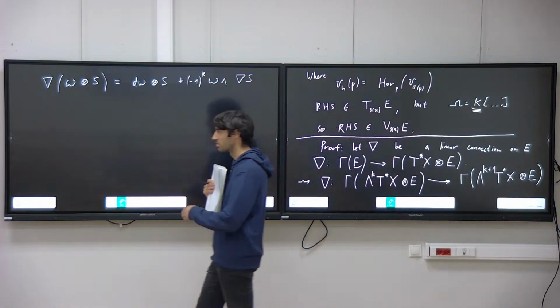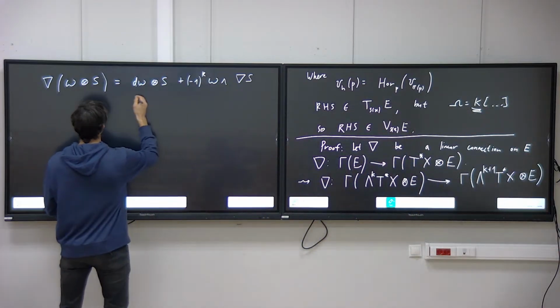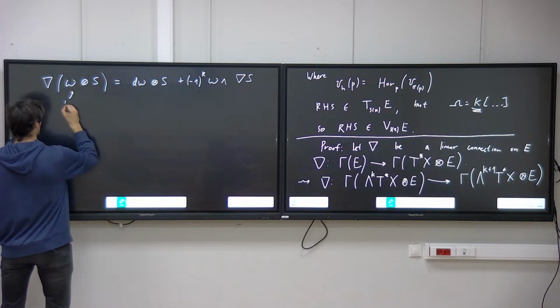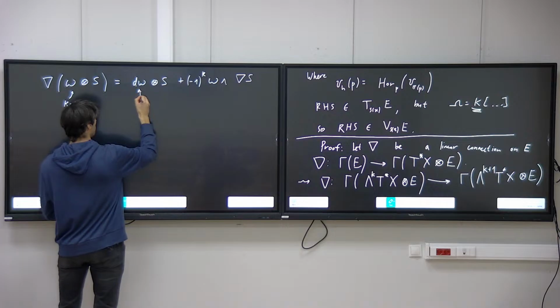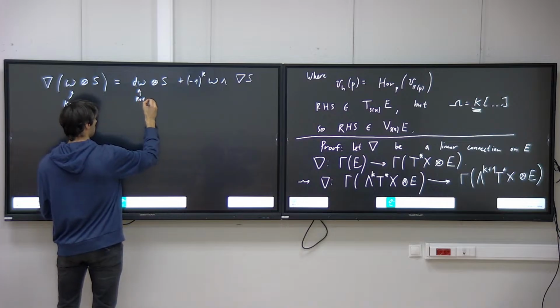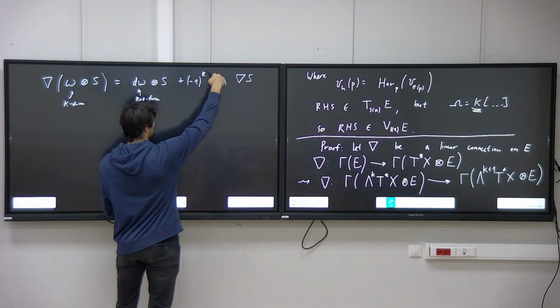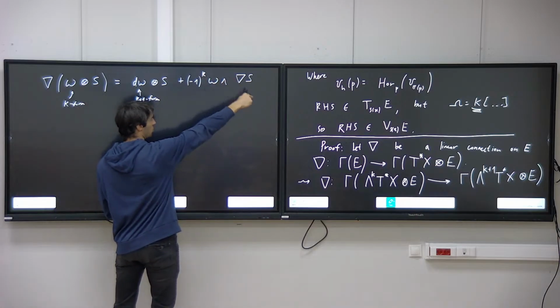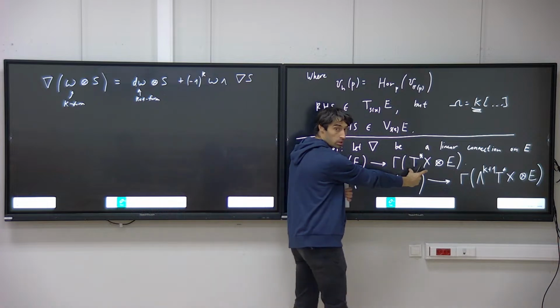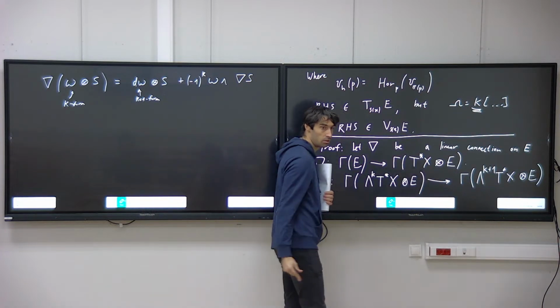So omega is a k form. So this is k plus 1 form. So this is a k form, but I need to wedge it with another one form here. There's a k plus 1 form.